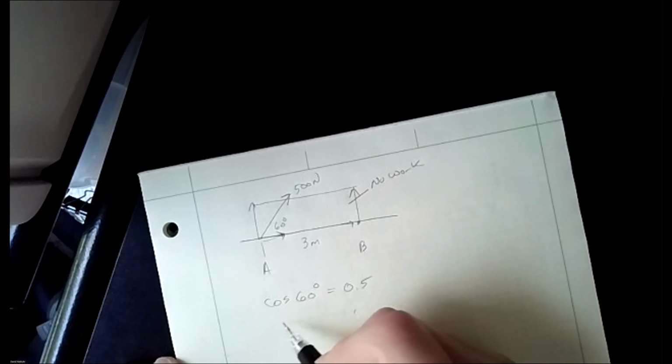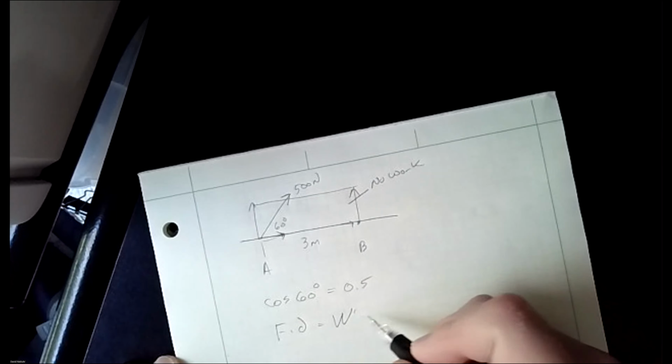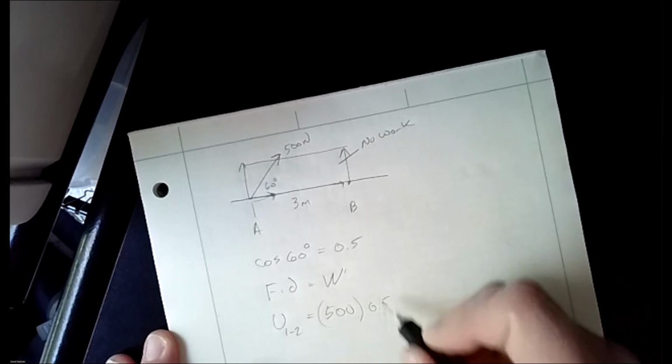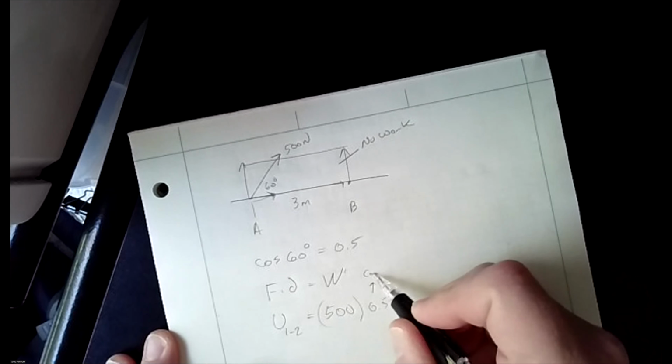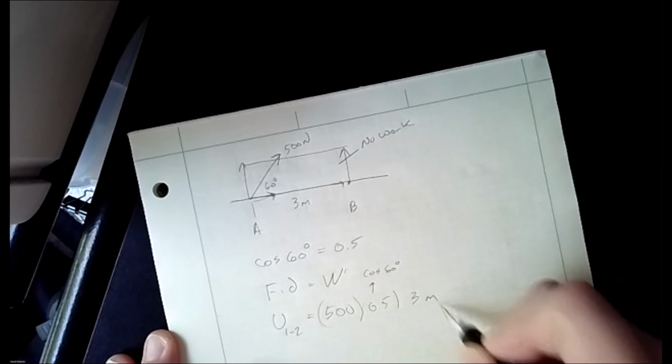So effectively, the work done, our force times distance, which we also write as U from 1 to 2, is just going to equal 500 times 0.5 for the cosine of 60 degrees times 3 meters.